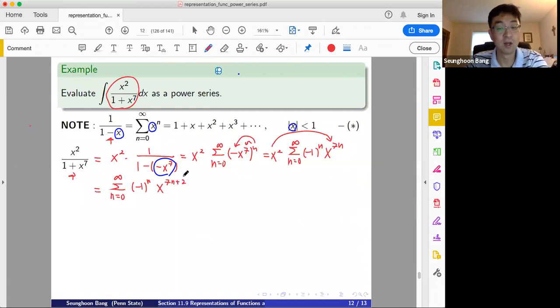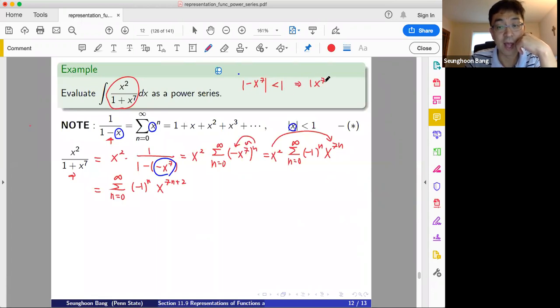So we have it. The next, how can you find the radius of convergence? Same. Only plug the common ratio negative x to the 7 into this x. So we have absolute value of negative x to the 7 is less than 1. Only eliminate minus 1.